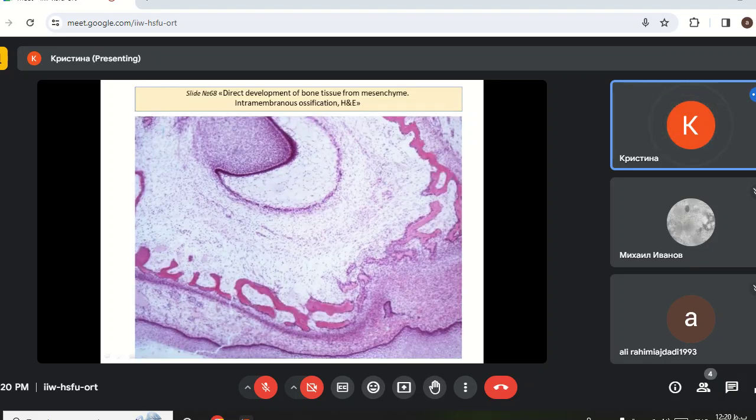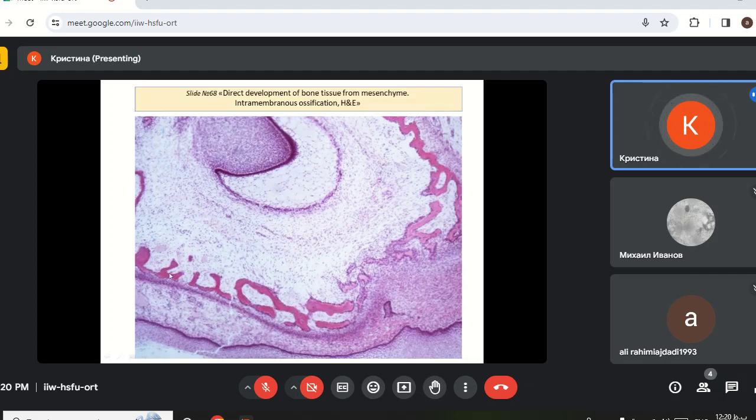This is how this histological preparation looks like at lower magnification. This is the epithelium of the oral cavity, because this is the part of the frontal section of the lower jaw of the pig embryo. This is the developing tooth of the pig embryo of its lower jaw.